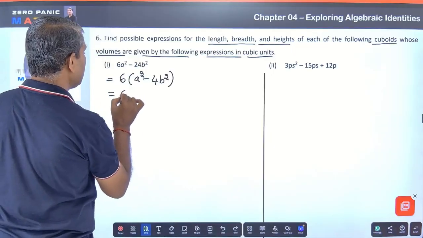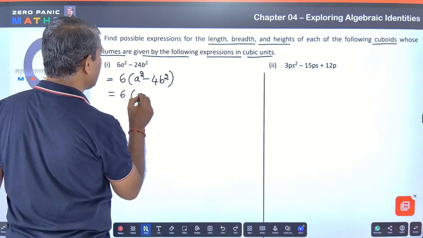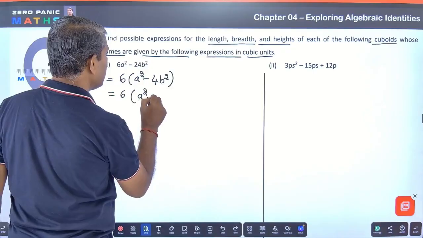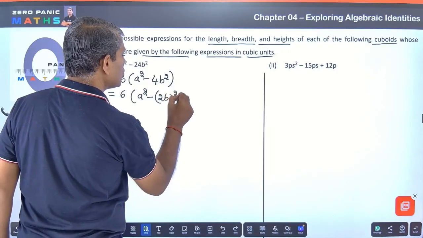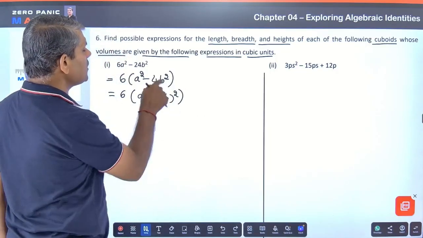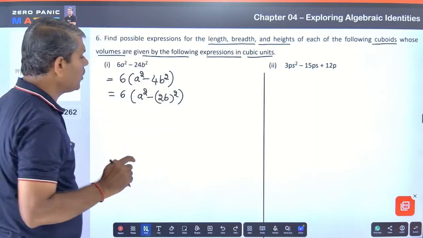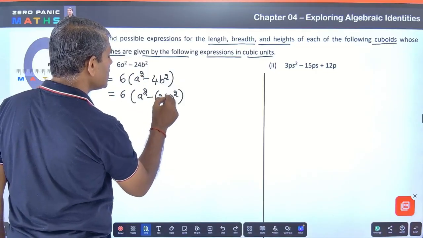So 6, I will keep it as it is, and one of the factors is 6 only. Okay, and let me write a square minus 4b square as a square minus 2b whole square. You have to write this step, okay, don't skip this step, otherwise it will be confusing. Okay, so a here is a only and b here is 2b.